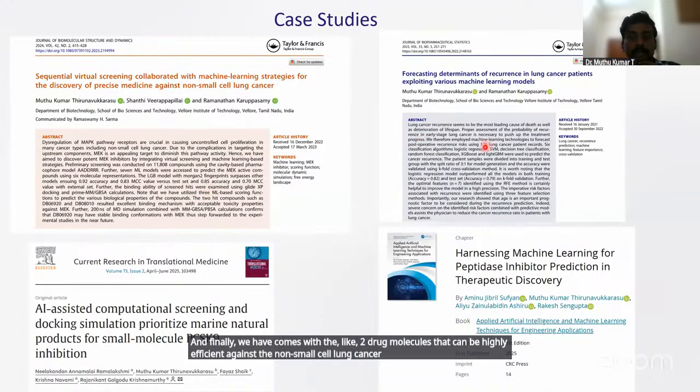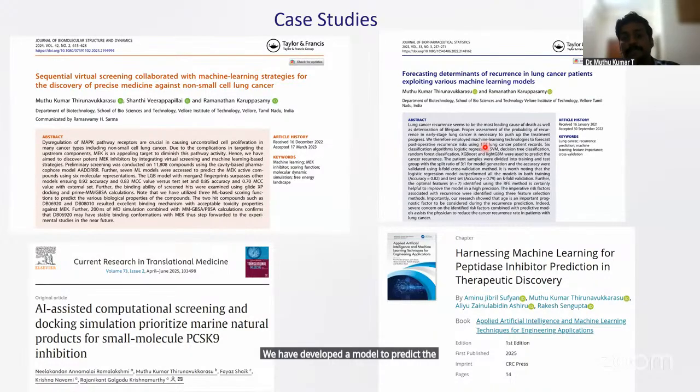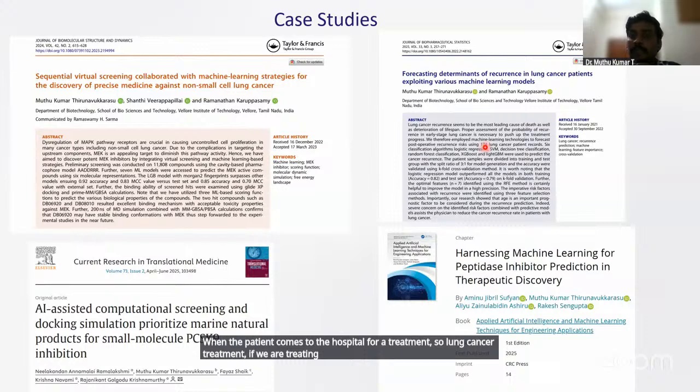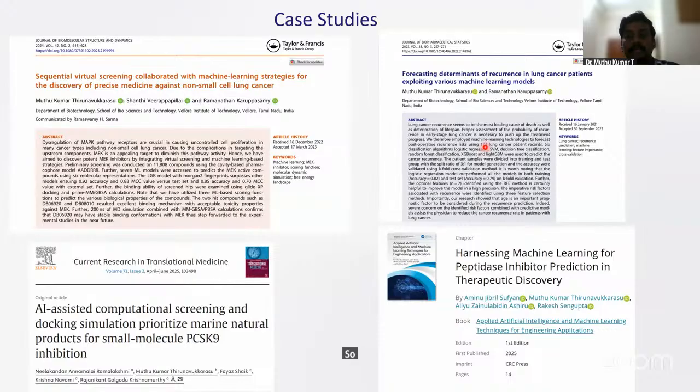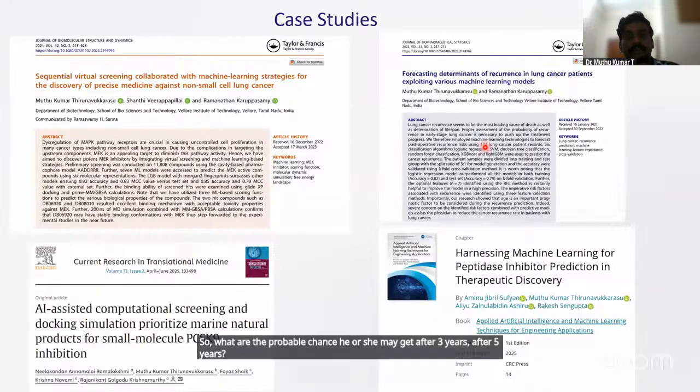Here also, in one very good article, we developed a model to predict lung cancer recurrence. When patients come to the hospital for lung cancer treatment, whether we treat with chemotherapy, radiotherapy or some drugs, what is the probable chance that he or she may get a recurrence after 3 years, after 5 years, whether she will get cancer again or not. That kind of model we have developed here.